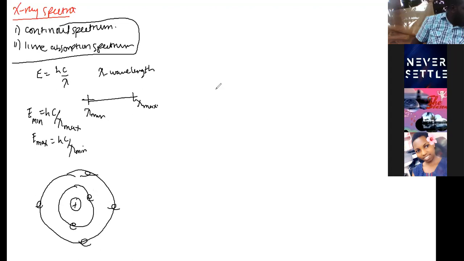Hope you remember your electronic configuration from chemistry. Now what happens is, an electron comes and knocks out this one. When it knocks out this one, it is going to create a gap.